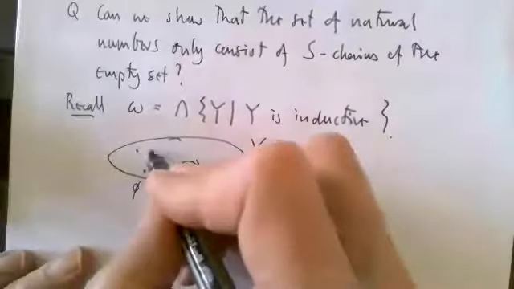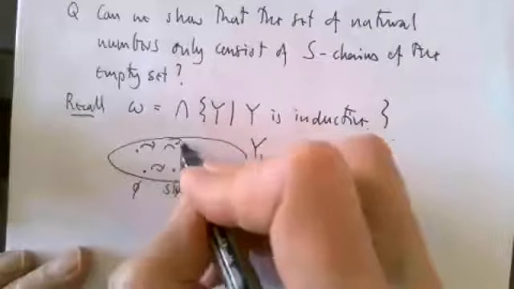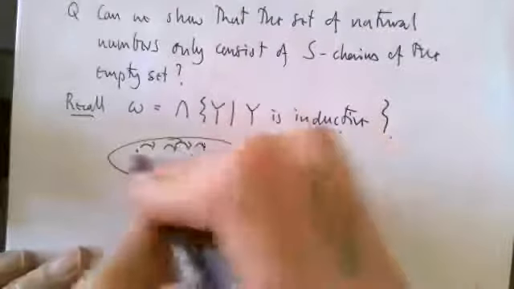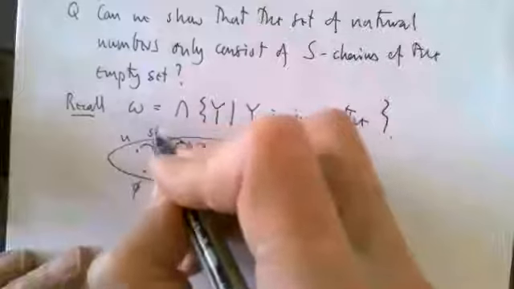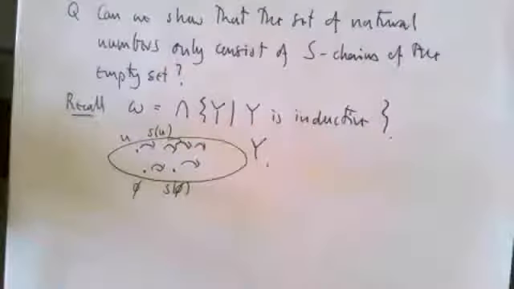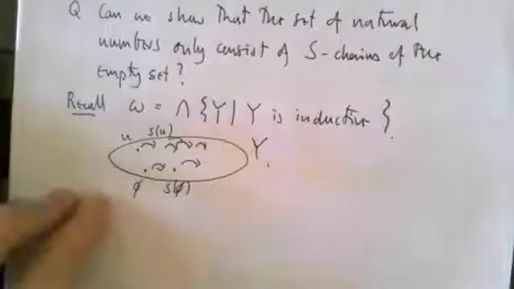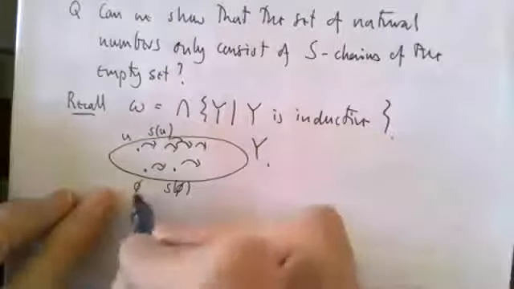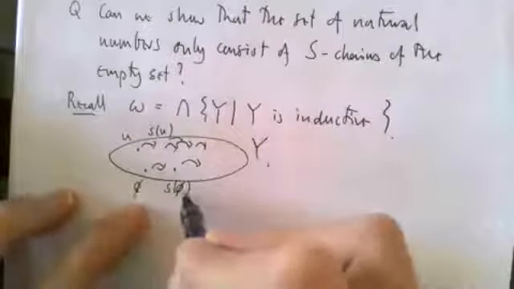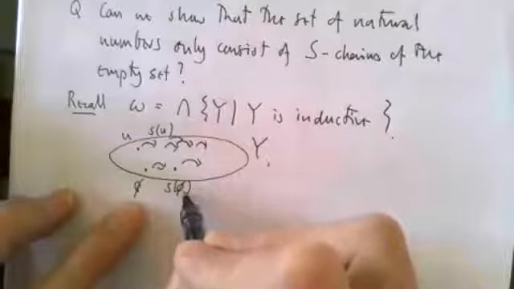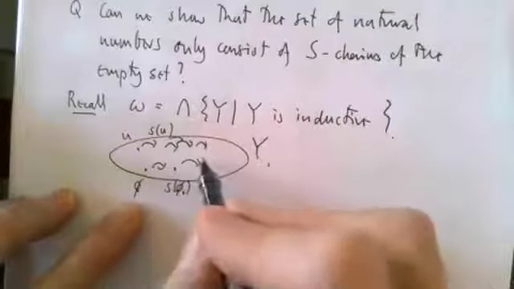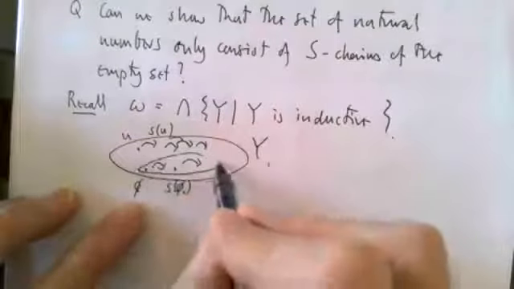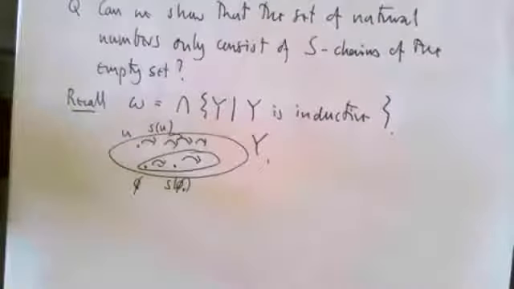But there might be other chains in here as well. There might be some other things that have kind of crept in. But being inductive means you certainly have the empty set and you're closed under the S operation. So any inductive set is going to have this chain in.